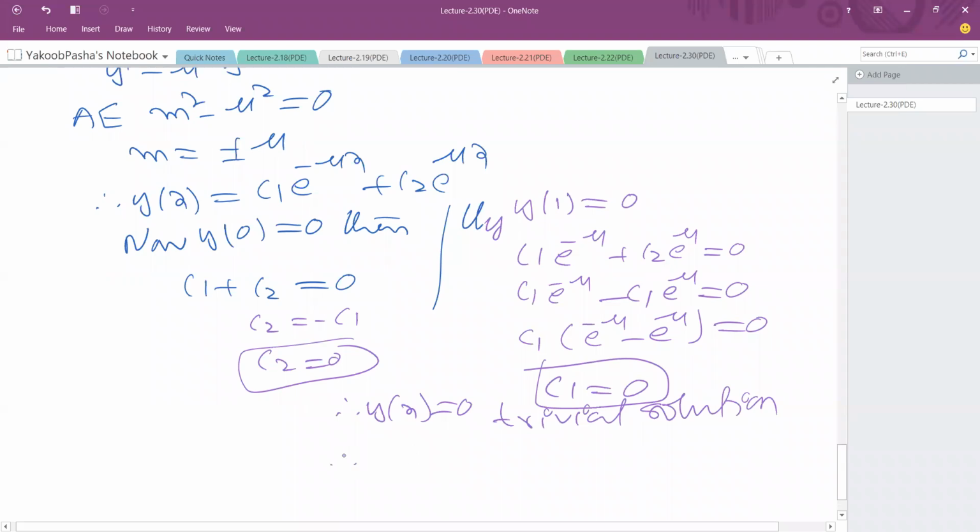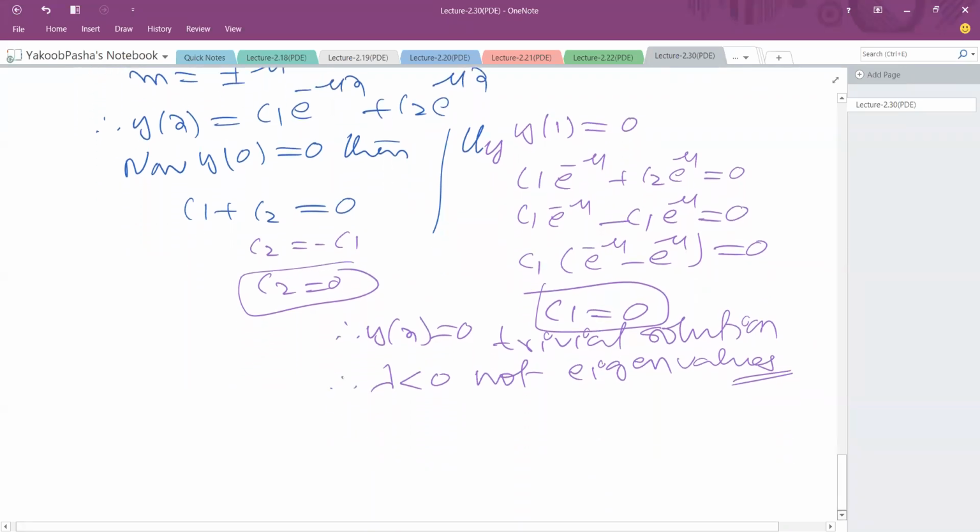Therefore lambda less than 0 is not an eigenvalue. For negative values of lambda, eigenvalues do not exist. For 0 of lambda, eigenvalues do not exist.